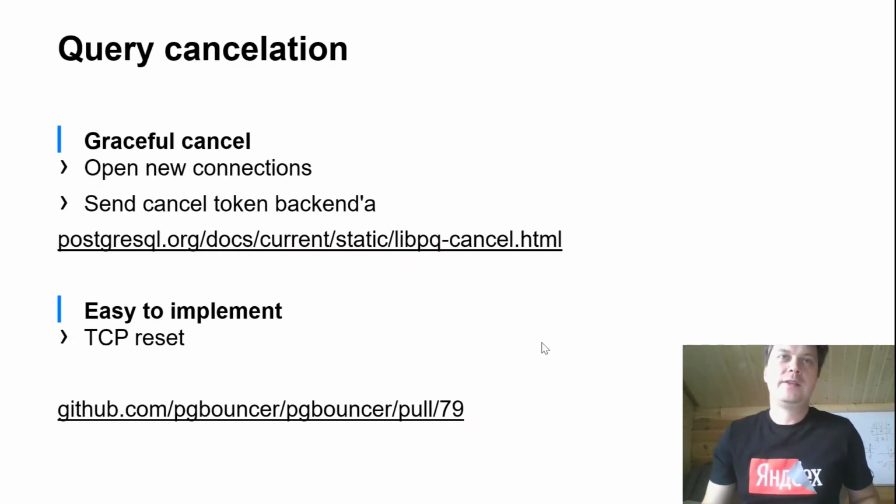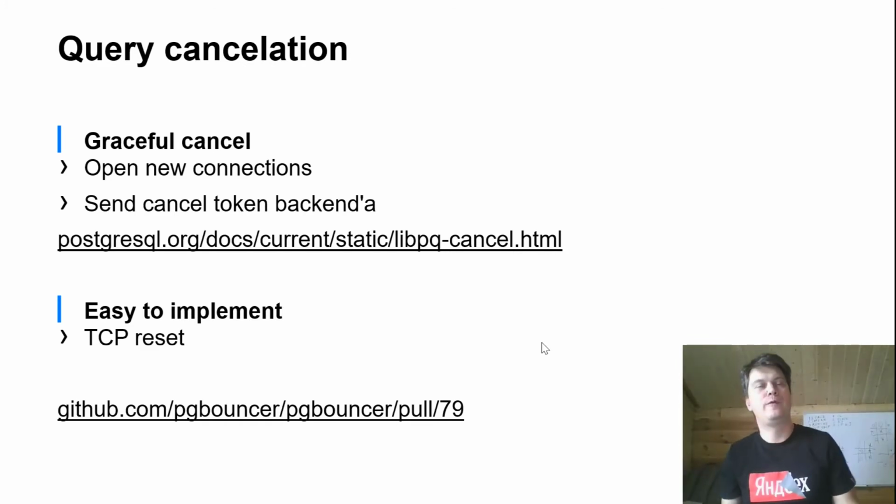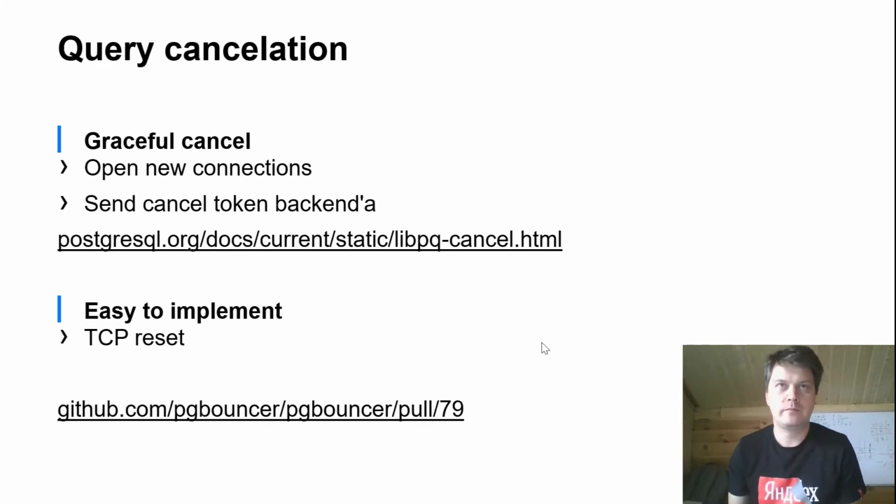But that's not the last problem of PgBouncer. For example, when for some reason you do not cancel your query, but just network is broken and you lose a connection to PgBouncer, it already is running some CPU consuming, resource consuming query on the server.